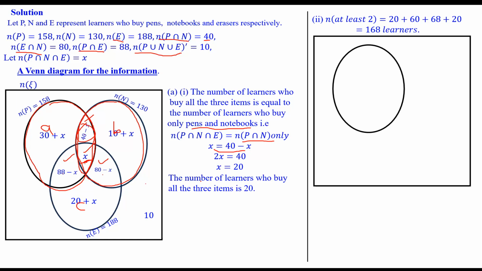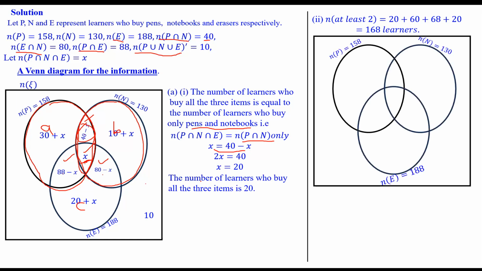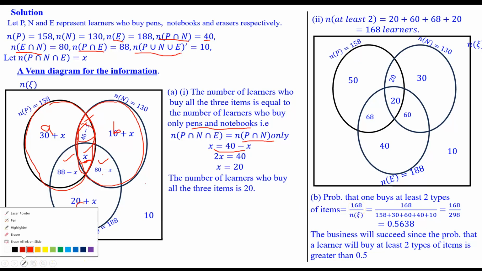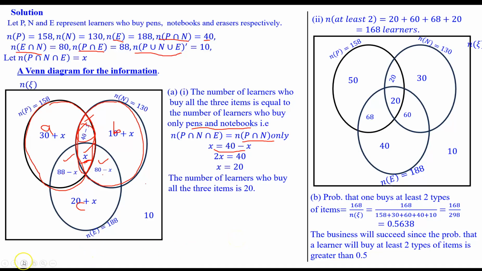So let's go there. Since we already know that the number of learners who buy at least 2 items is 168, we shall now get the probability as 168 out of the number of universal, because that is our sample space.